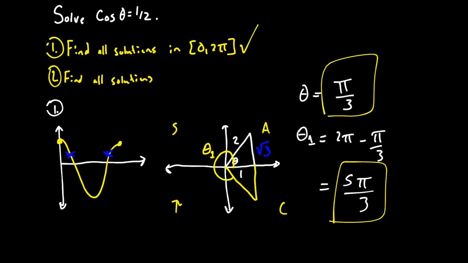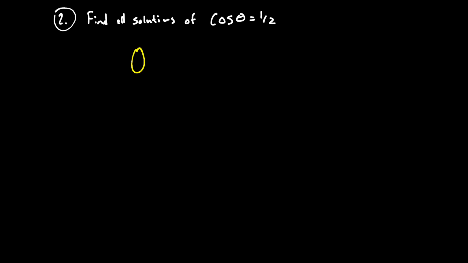Let's go ahead and look at step number 2. And we want to find all solutions to the trig equation cosine of theta is equal to 1/2. And recall that we reviewed the period of cosine: it is given by 2 pi. And what this tells us is that theta, which is equal to pi divided by 3, is a solution.